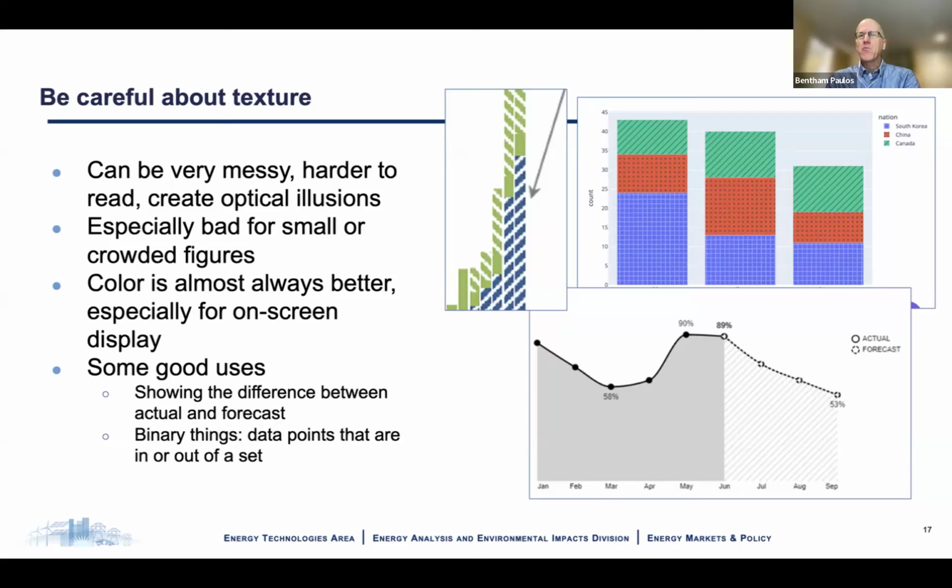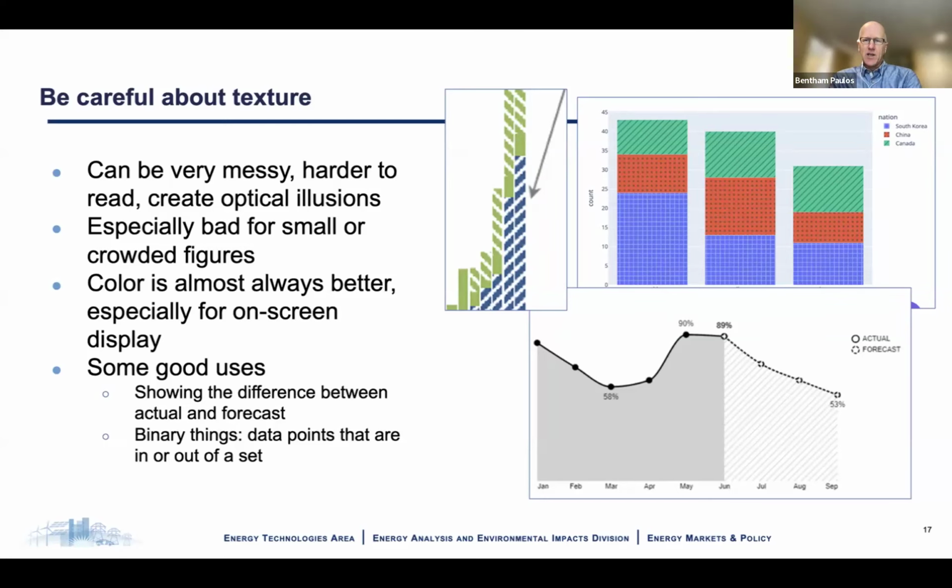The example in the top right is an example of sort of gratuitous texture. There's no reason for this fill to have a texture at all. The color conveys most of the purpose. I think where it can be useful is when you show the difference between actual and forecast, like on the bottom right.